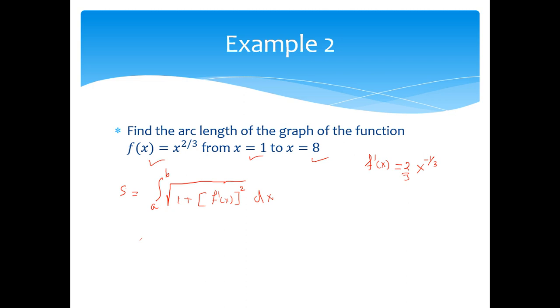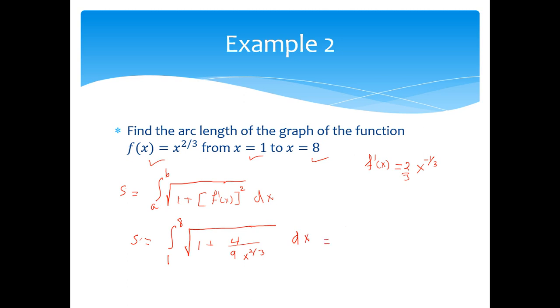And then we say s is equal to the integral from 1 to 8 of the square root of 1 plus 4 over 9 x raised to power 2/3, right? dx.